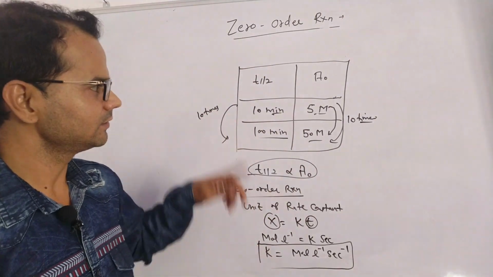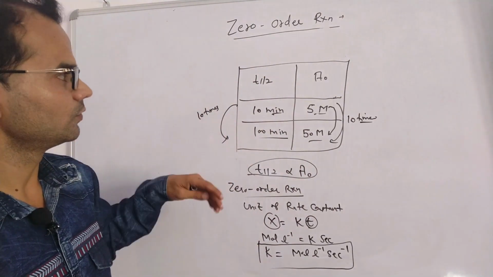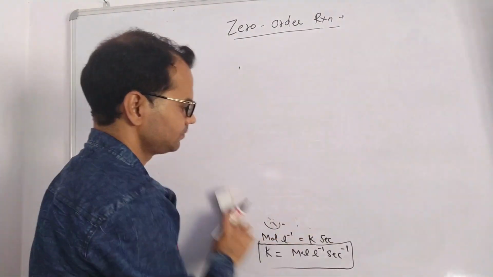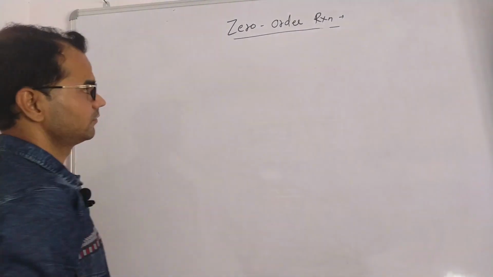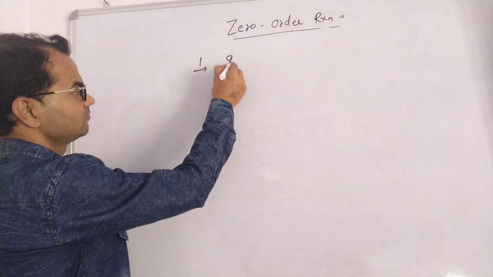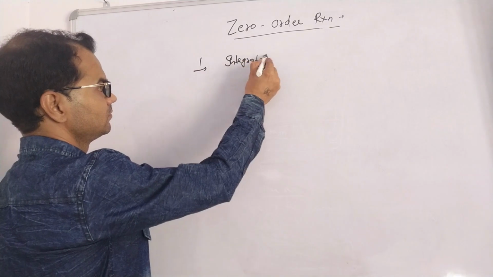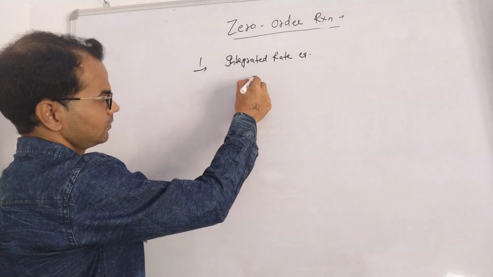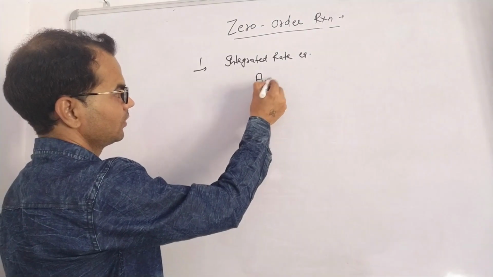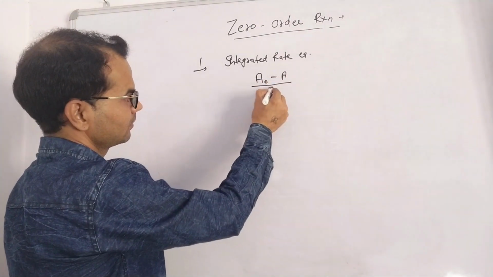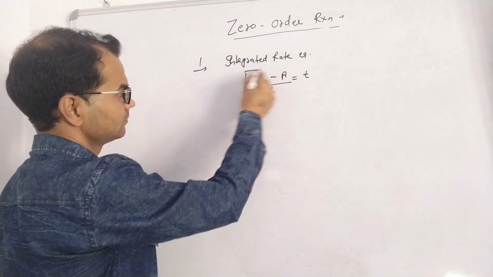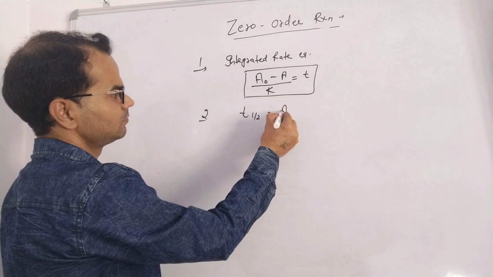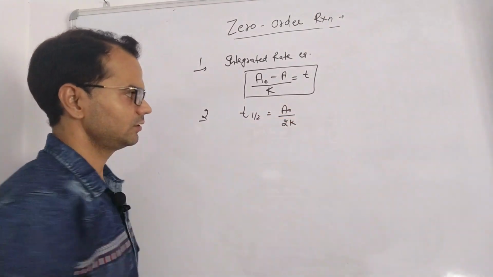So what we have learnt, I am going to give you a quick summary. First, A naught minus A by K equal to T. Second, T half equal to A naught by 2K.